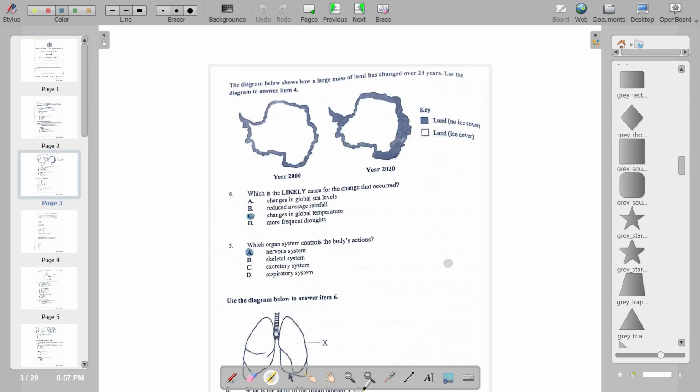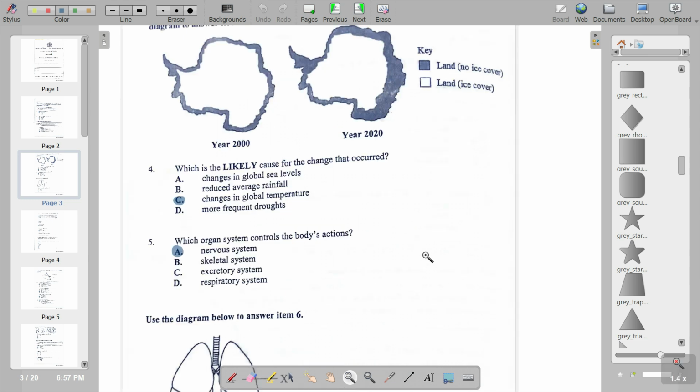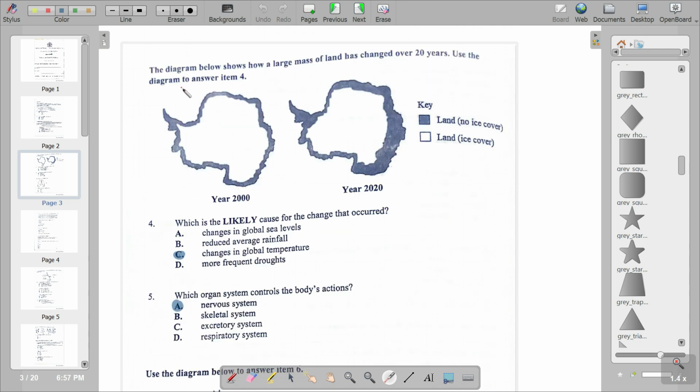So the next question is, let me blow this up a bit. The diagram below shows how a large mass of land has changed over 20 years. Use the diagram to answer item 4. So this is the year 2000, this is the year 2020, which is 20 years after.